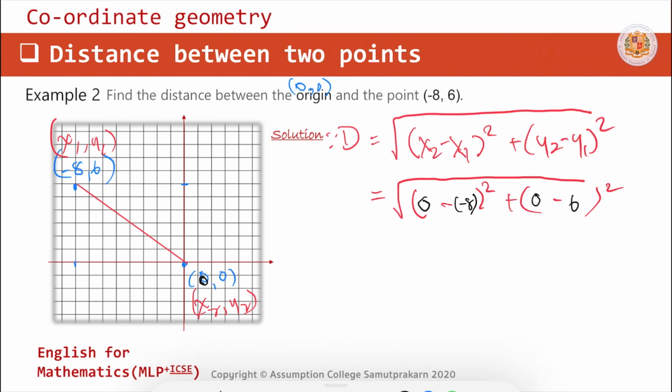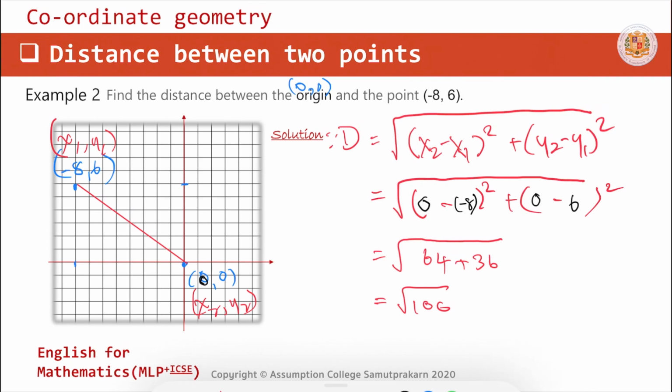And now it becomes something easier, like 8 squared is 64, plus 36, and it's the square root of 100.